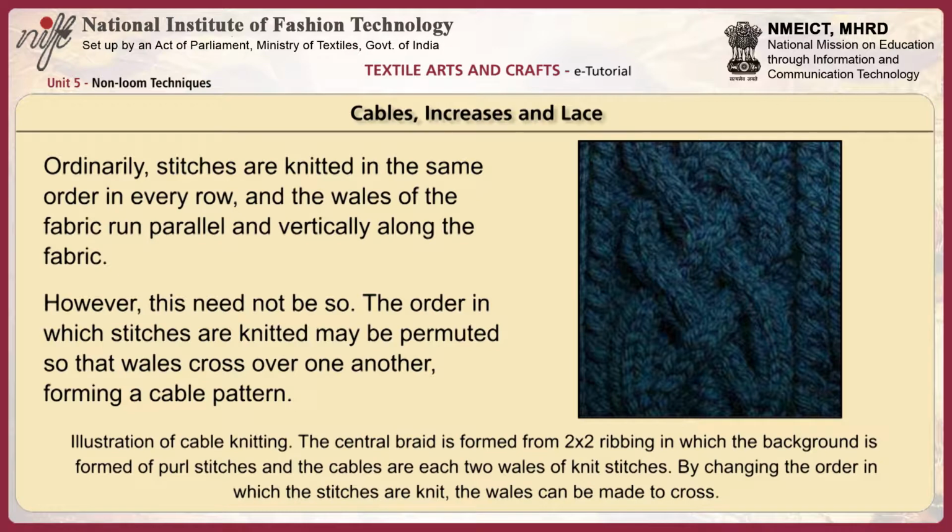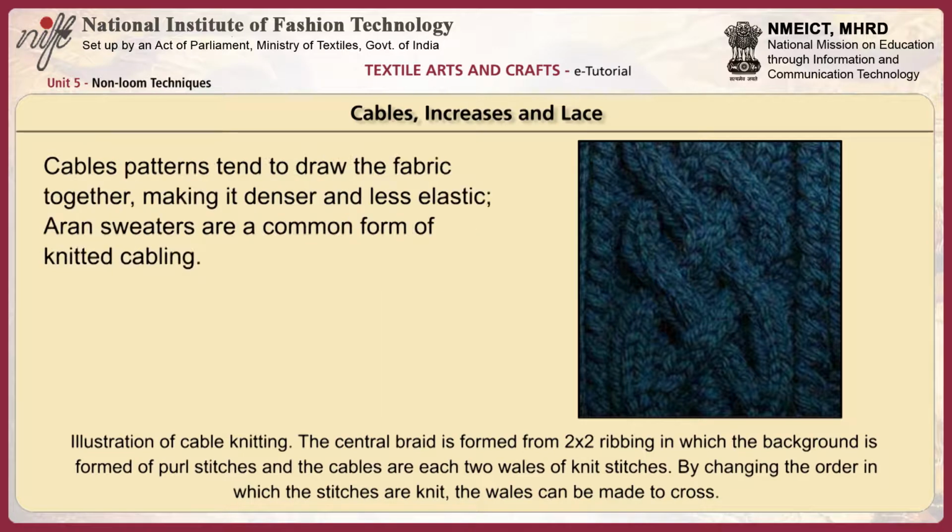Ordinarily, stitches are knitted in the same order in every row and the wales of the fabric run parallel and vertically along the fabric. However, this need not be so. The order in which stitches are knitted may be permuted so that wales cross over one another, forming a cable pattern.